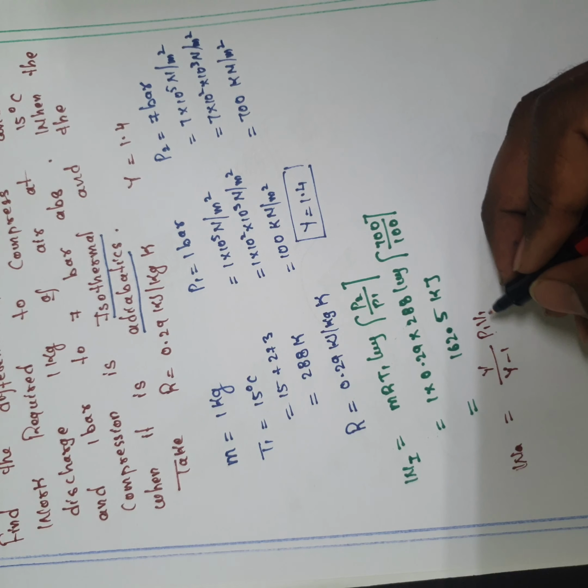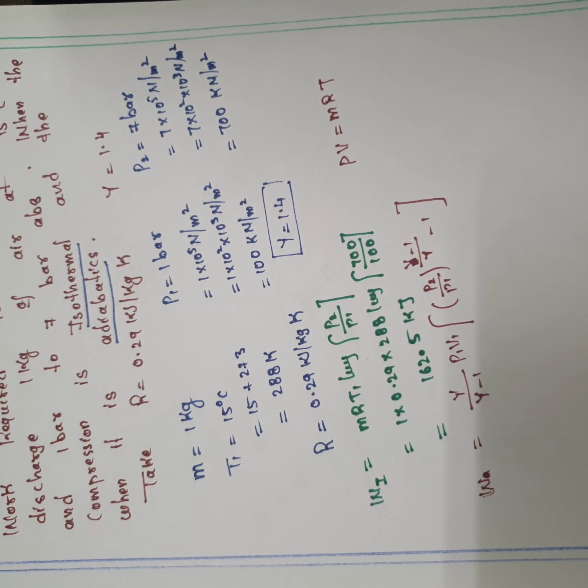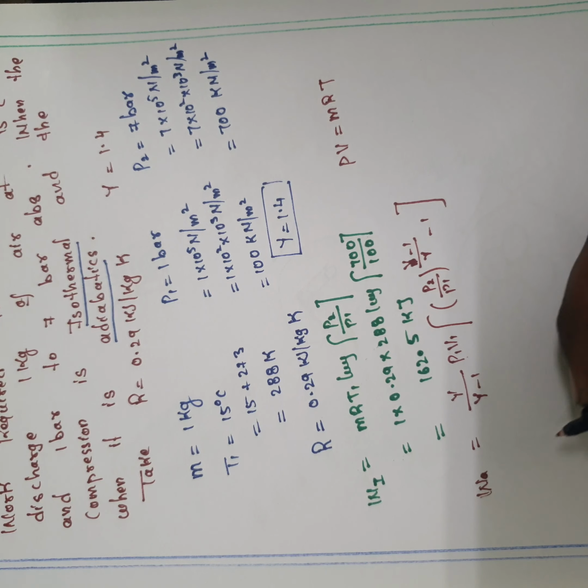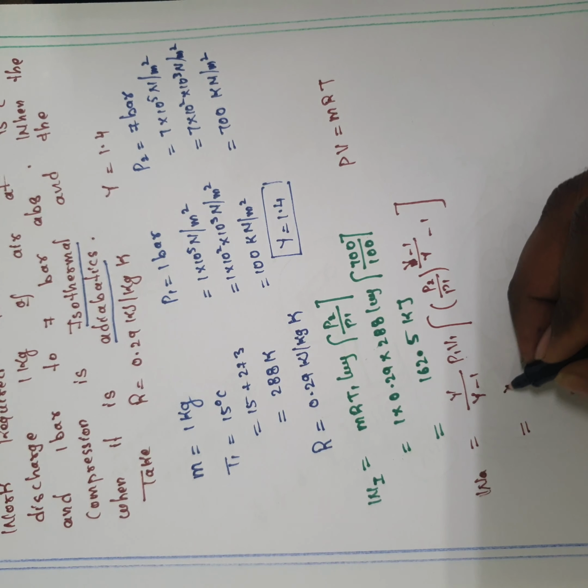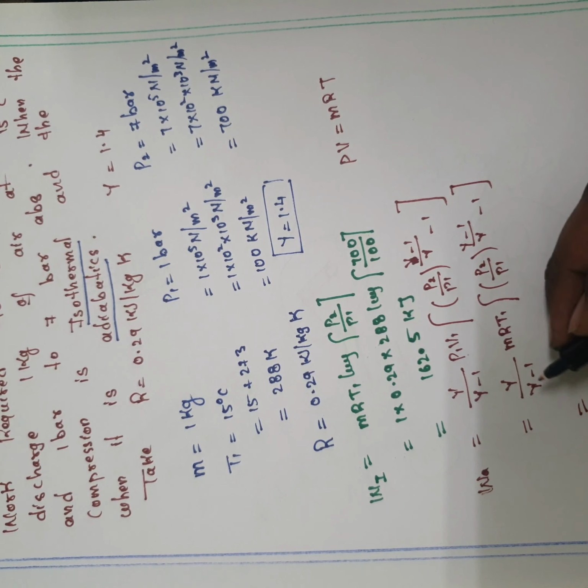But in your question V1 is not available, so in place of PV you can write mRT. So the formula becomes gamma by gamma minus 1, m R T1, times P2 by P1 to the power gamma minus 1 by gamma, minus 1.